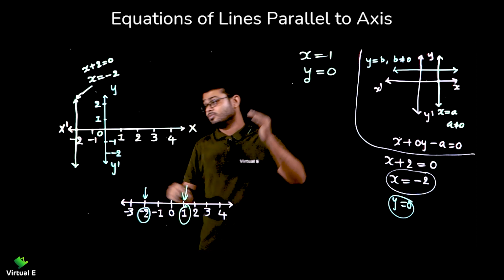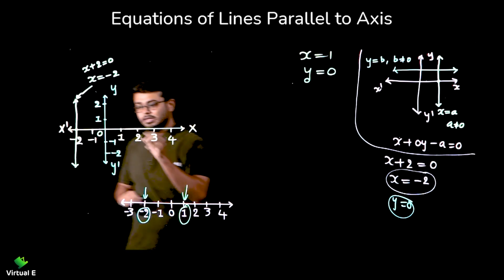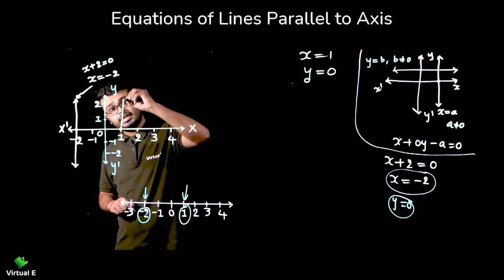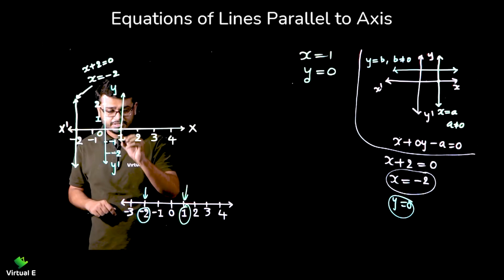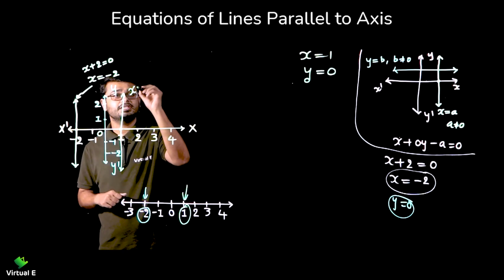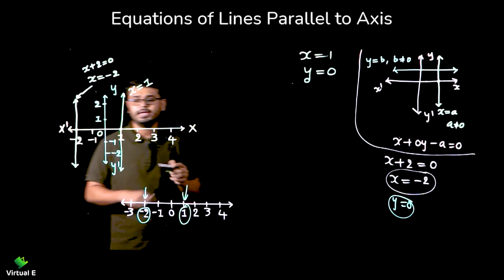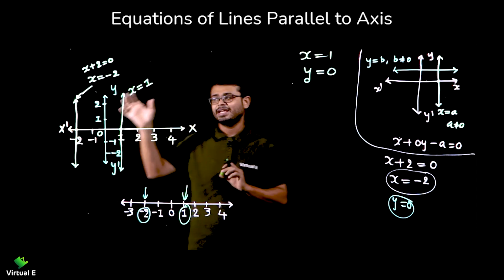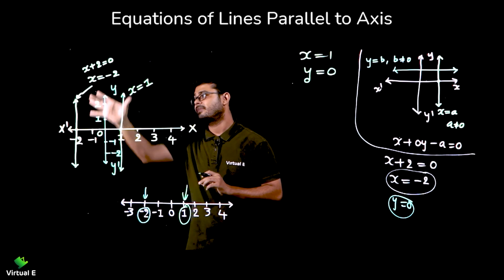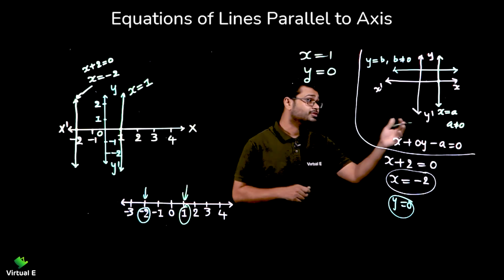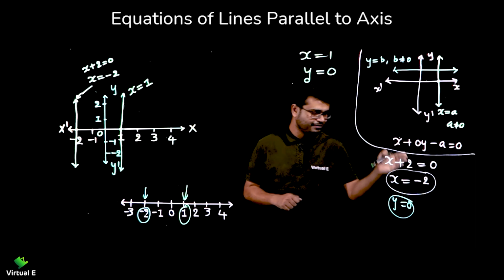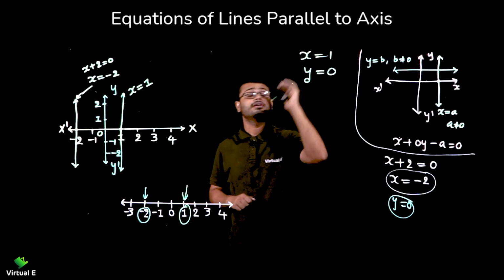Now x is equal to 1 and y is equal to 0 will be this point. So if you extend the line, it will look something like this, and this line is x is equal to 1. You can see that if it is not exactly parallel, I did not draw it properly. These two lines are parallel. Like we discussed over here, x is equal to some number other than 0. We have here minus 2, we have here 1.